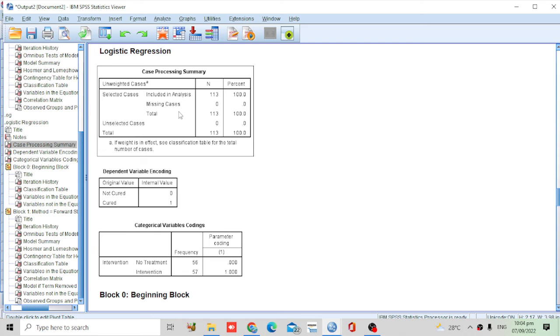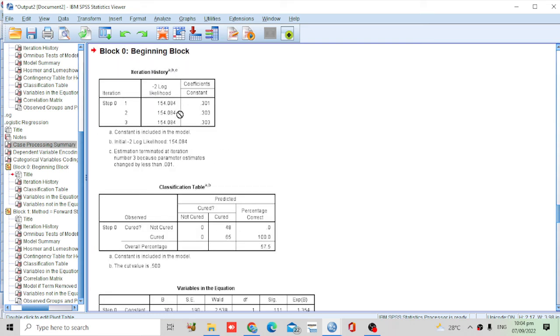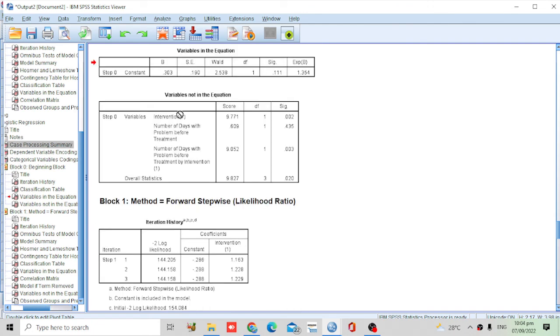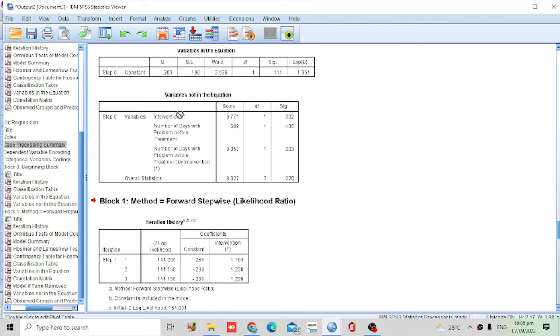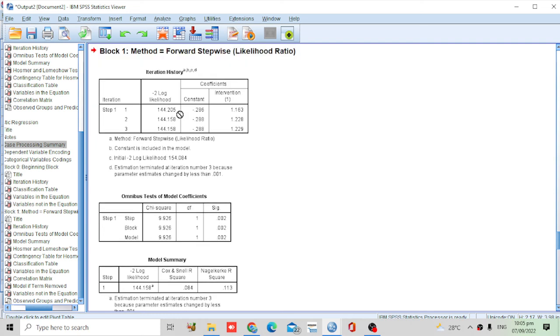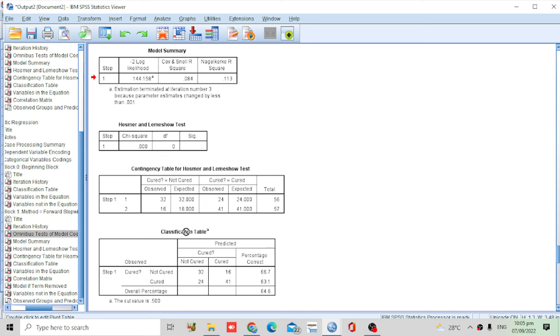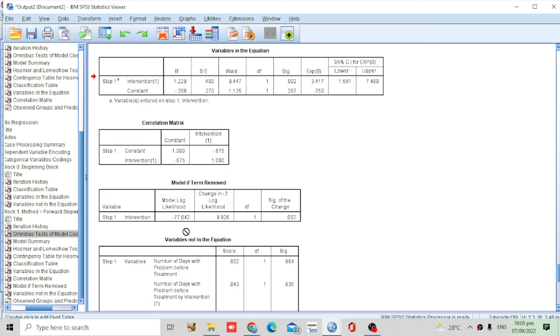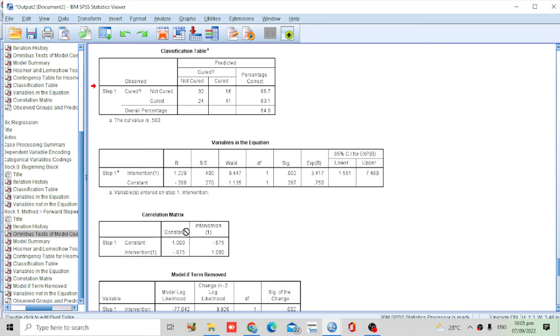So, punta tayo dito ulit. Using forward stepwise method, as you can see, there exists yung interventions.